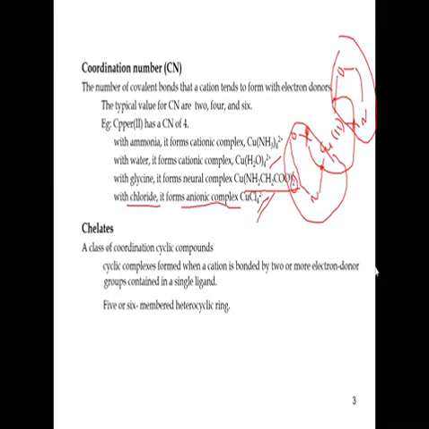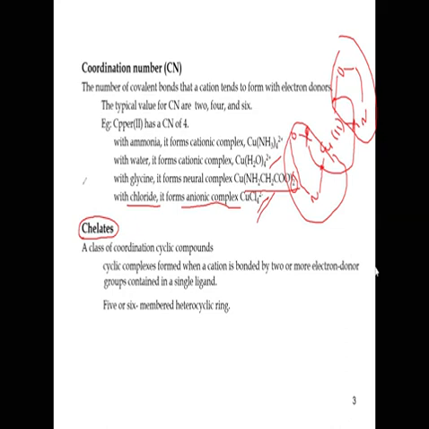Now the chelates. What do we mean by chelates? First, we came to know a number of terms today: the ligand, the coordination number, the dative bond, then the coordination bonds.